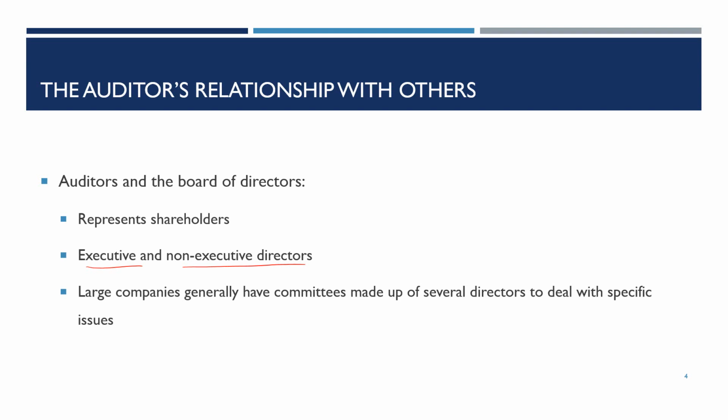Boards of larger companies generally have several committees made up of various members of the board. Examples of board committees are the nomination committee, the audit committee, the remuneration committee, and the risk committee. The role of these committees is to effectively deal with specific important issues.